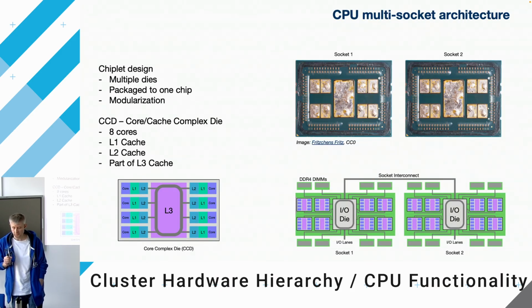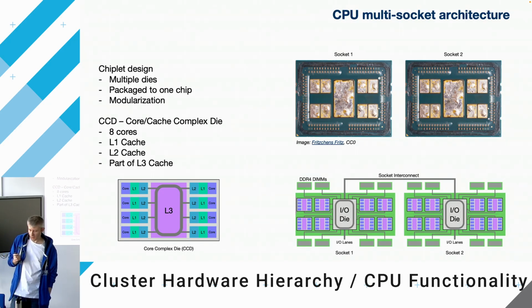And we have this architecture here with the 2 CPU sockets that are connected. And actually, it's a symmetric multiprocessing system. This means every code that runs on one core can access all of the resources on the complete system.